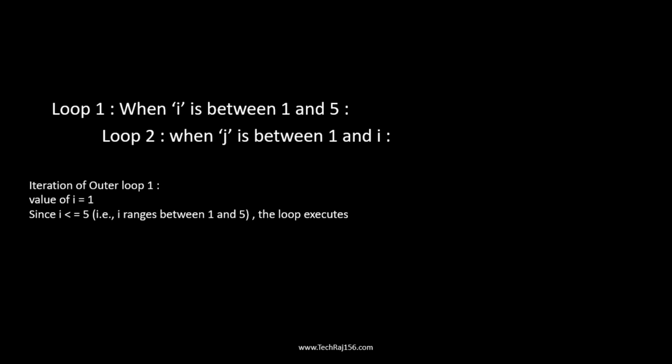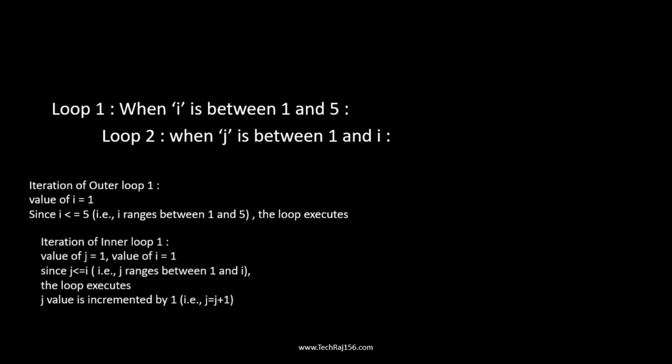So since the loop executes, the control comes inside the loop, and then inside this outer loop, do you remember that we have an inner loop with the variable j? Yes, we do. So that loop is going to be executed. This is the first iteration of the inner loop, and initially the value of j, which is the variable for the inner loop, is 1. We are initializing j to 1, and the value of I is 1, as we know.